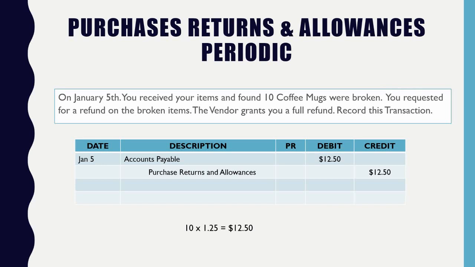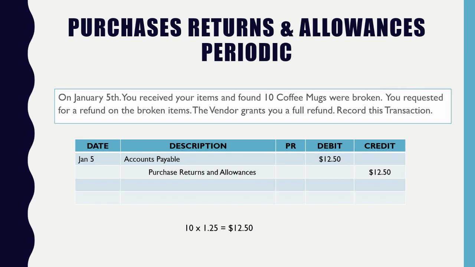Second account that you're going to recognize is your purchase returns and allowances, okay? So again, this is a purchase return, hence we're refunding, returning items. In this case, purchase returns and allowances is a contra account to the original purchase expense. We're decreasing the amount of purchases that I originally made.